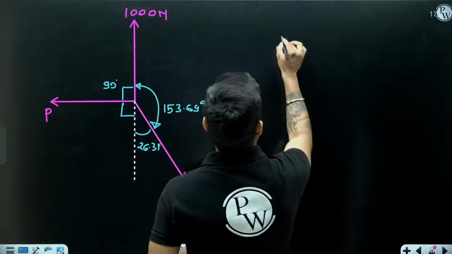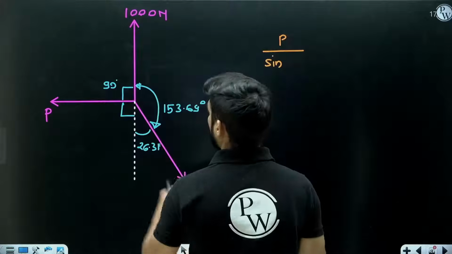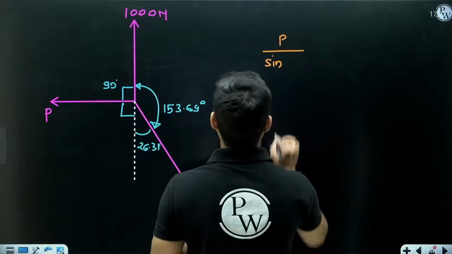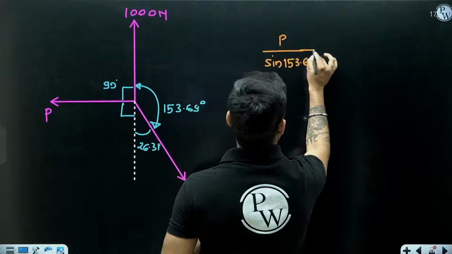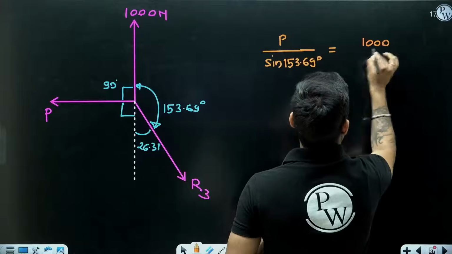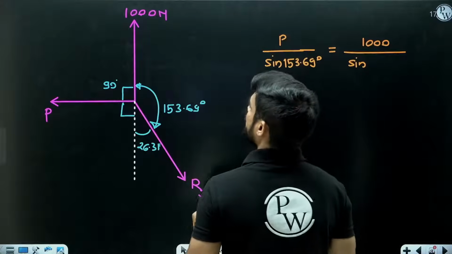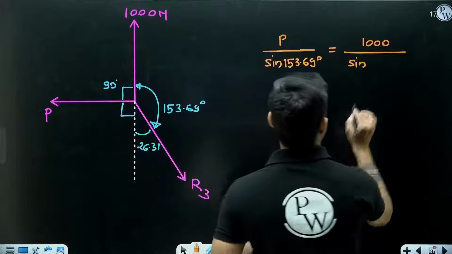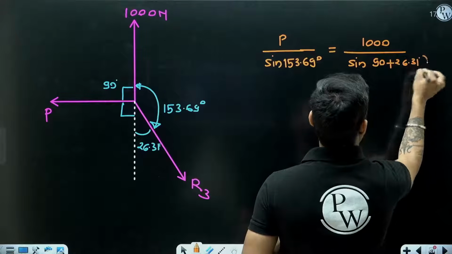P. So P divided by sine of angle between 1000 and R3 is 153.69 equal to 1000 divided by sine of angle between this and this is 90 plus 26.31.